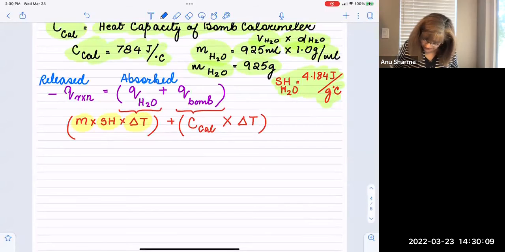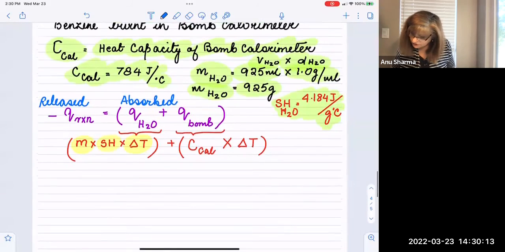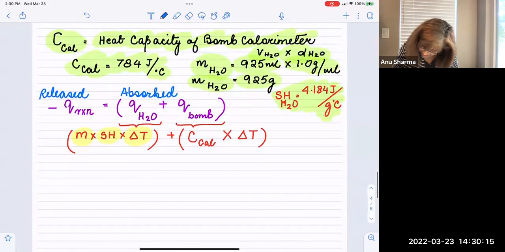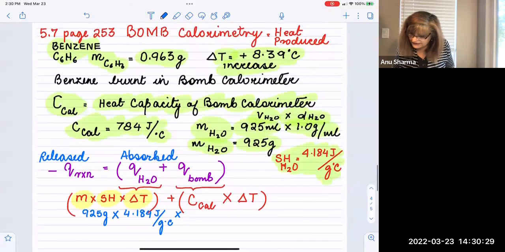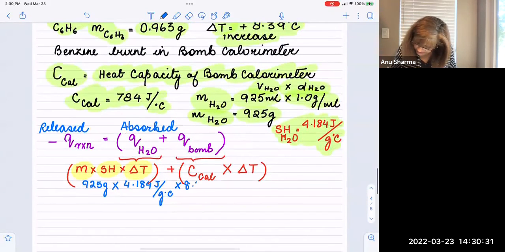So here you have the mass of water, 925 grams, times the specific heat of water, 4.184 joules per gram degree Celsius, times the value of delta T, 8.39 degrees Celsius.